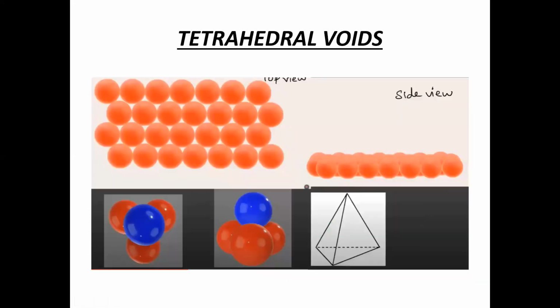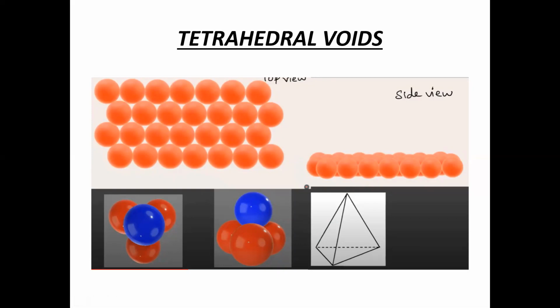Next one is the tetrahedral voids. Here this is the first layer and this is the second layer. The second layer is placed in between the first layer, the third layer is similar to the first layer, and the fourth layer is similar to the second layer.